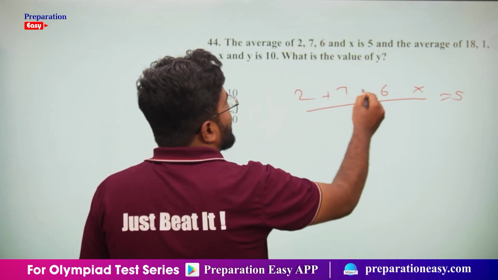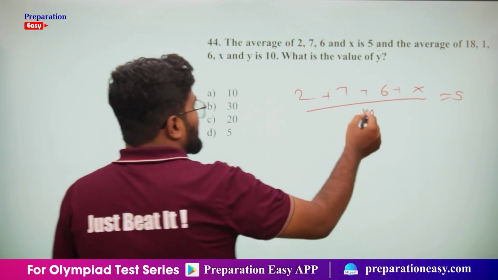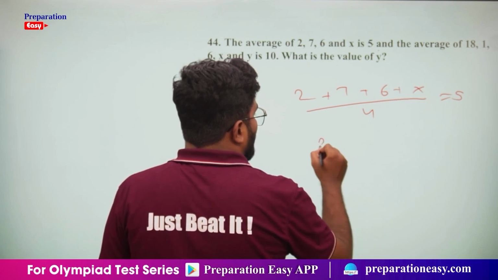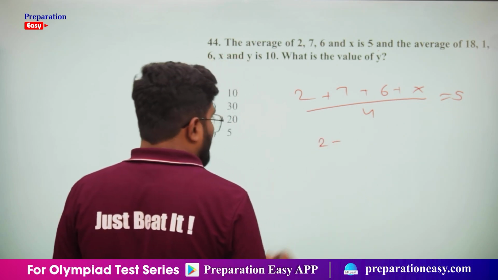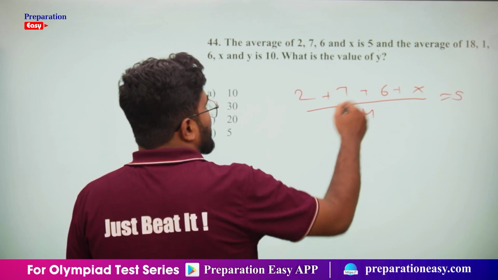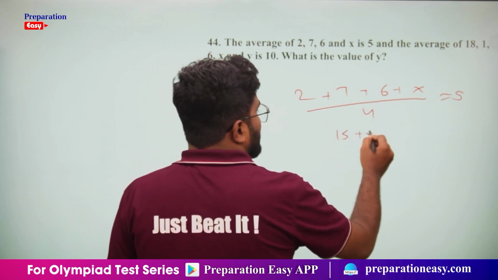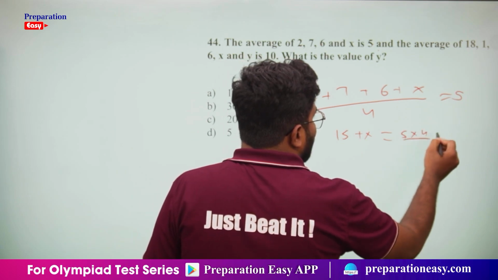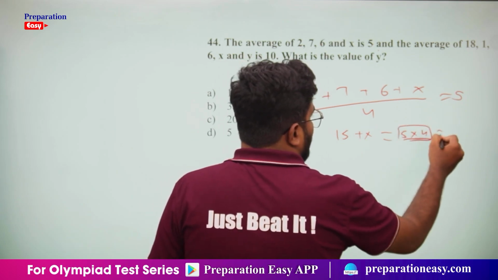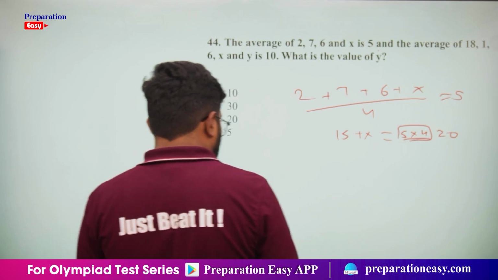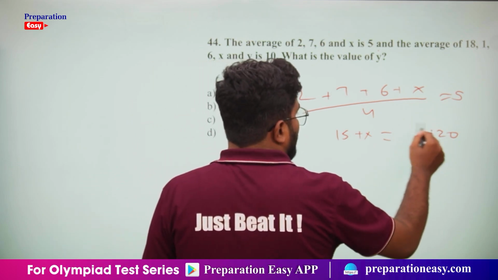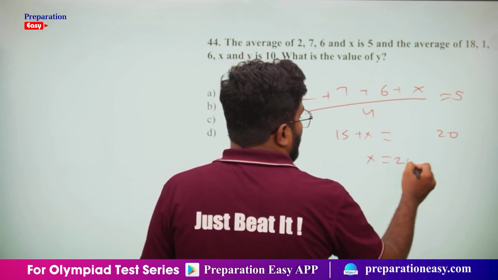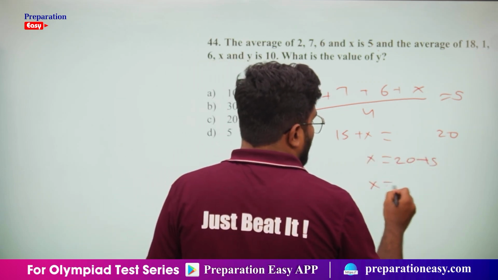So 2 plus 7 plus 6 plus x equals 5. 2 plus 7, 9, 9 plus 6 would be 15 plus x will be equal to 4 multiplied by 5, that is 20. So x would be equal to 20 minus 15, and x will be 5.